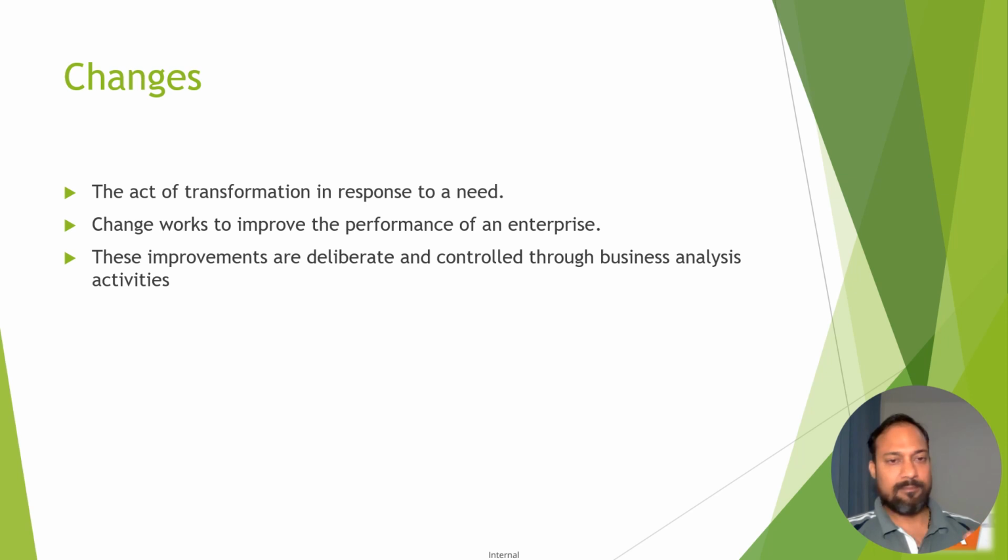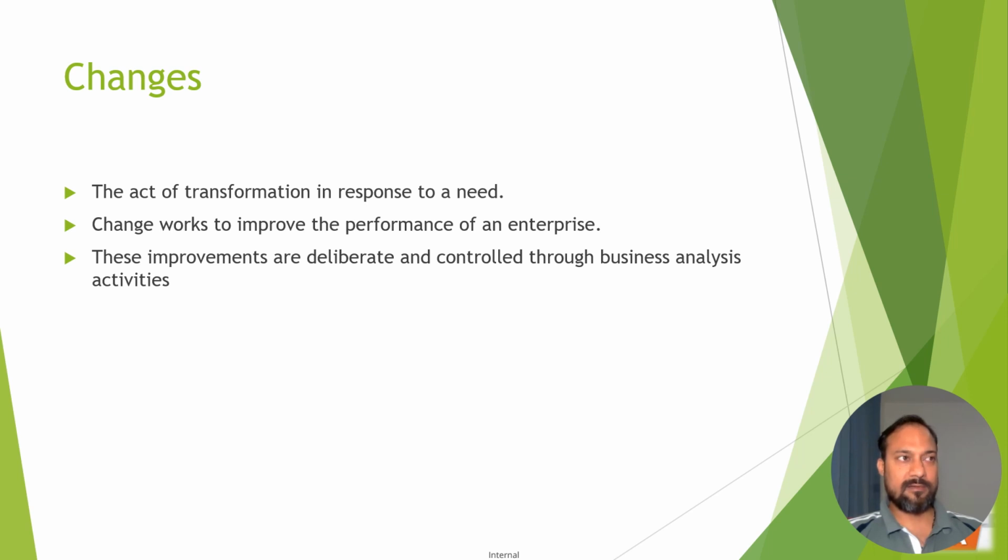Then, these improvements are deliberate and controlled through business analysis activities. So these improvements are deliberate. This means these are intentional and are being controlled through the business analysis activities. So we'll talk about the business analysis activities.